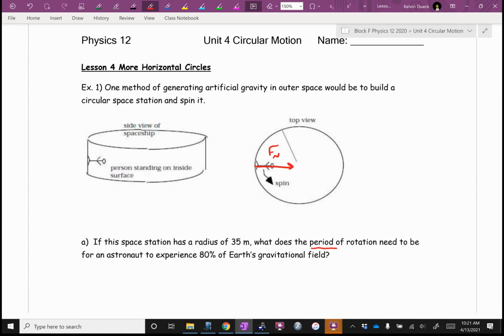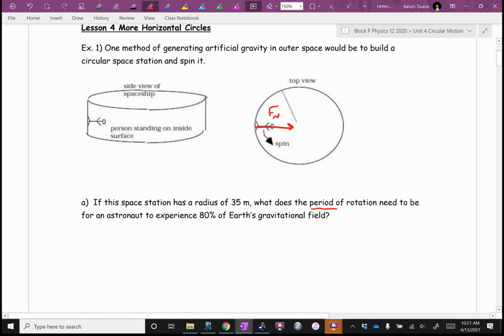In fact, if you want the equation for a space station, the normal force is what's pushing us in a circle. For circular force, I'm going to use m, because they mentioned period, 4 pi squared r over T squared.